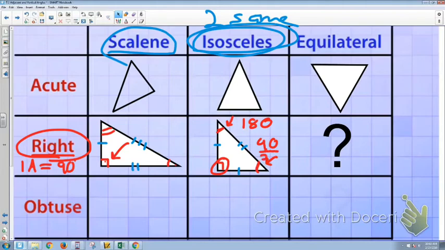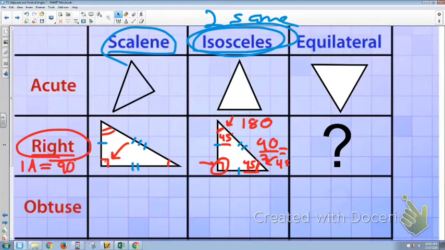So I have to split this into two equal parts, which means each one is going to come out to be 45 degrees. So an isosceles right triangle is always going to have 90, 45, 45 degree angles. Regardless of its size, you can stretch it, make it bigger, its side lengths can increase, it can get smaller, but the angles within it will always be 90, 45, 45.